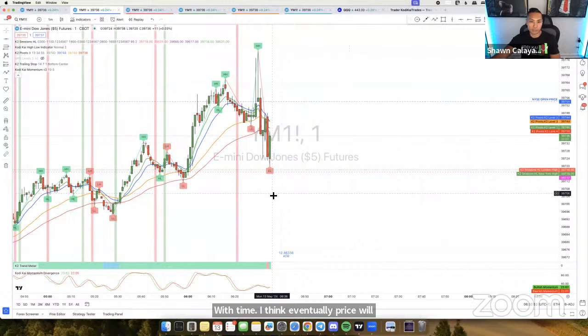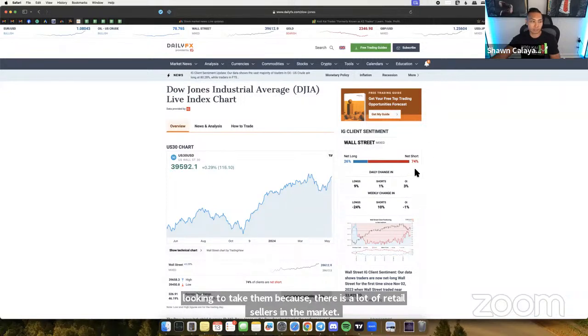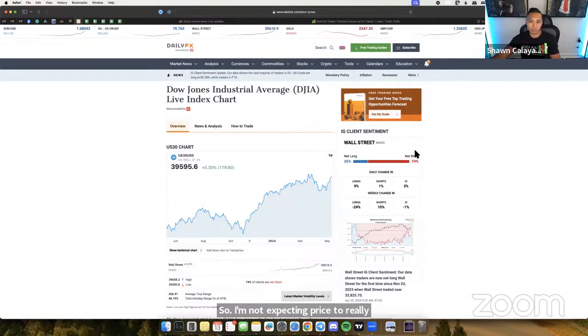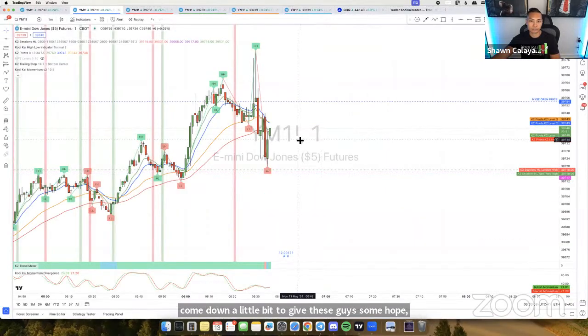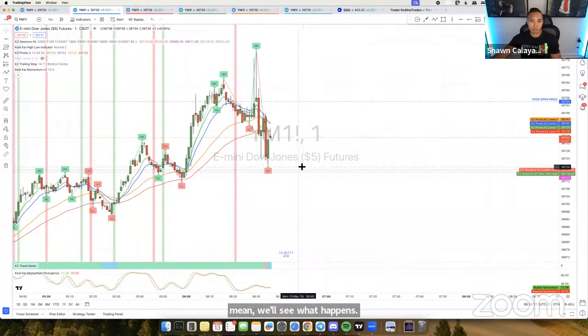So just be careful for the sells here if you guys are looking to take them, because there's a lot of retail sellers in the market. So I'm not expecting price to really drop. It might come down a little bit to give these guys some hope, but I think long-term price will continue climbing. So I would personally look for some buys here, but we'll see what happens shortly.